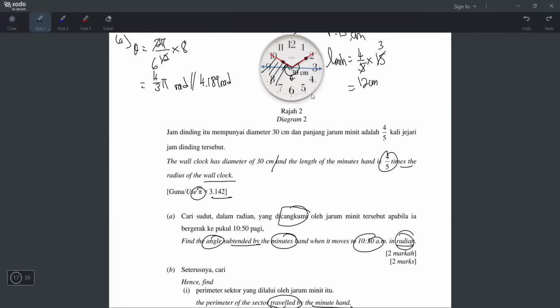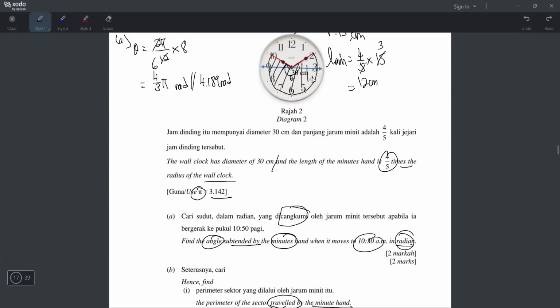But we have a problem, and it's a big problem. What problem do you have? There is a gap between the minute hand and the side of the circle. So what happens is, let me draw for you. The minute hand will move like this, right? So this is how the minute hand moves. So we will find the area of this.